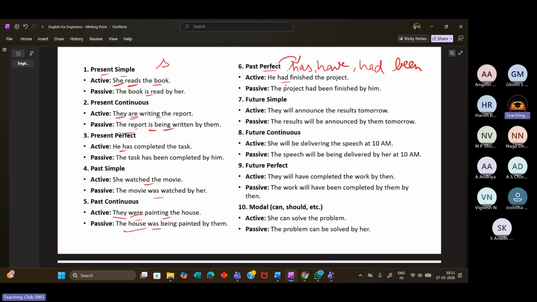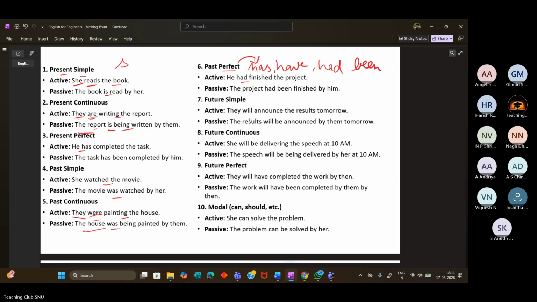Okay. So that's it. And then future simple. Future simple, again, this is where it gets tricky, you need to remember this. In future simple, you just add will to it, right?